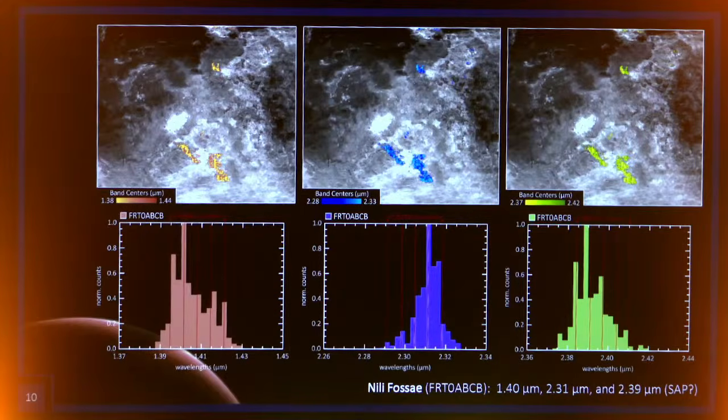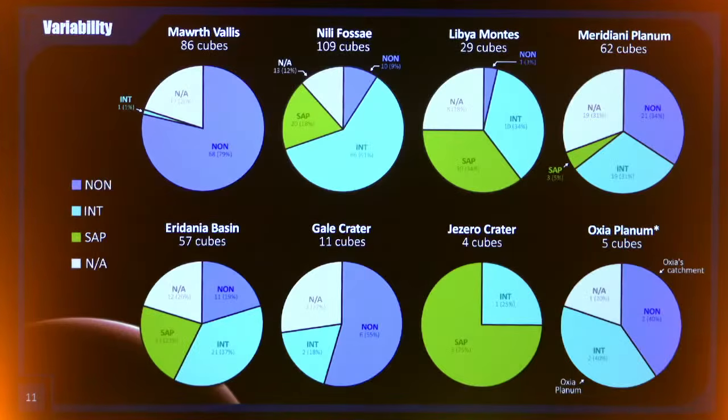So the point here is to combine those three different bands to assign a specific compositional trend, and we did it for every outcrop that we reported here. With the exception of some of them that were too noisy, where we could not clearly define an outcrop, so we could not take the risk to do it. So it's not applied.